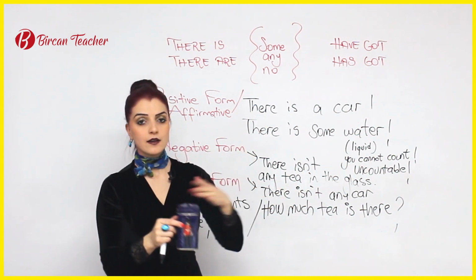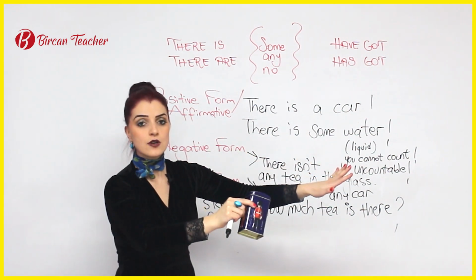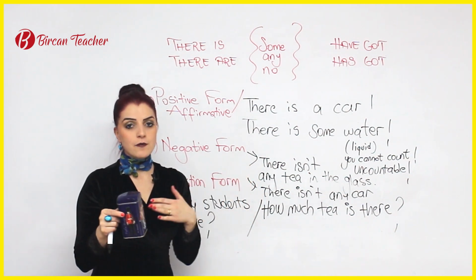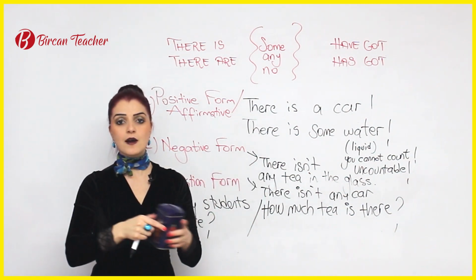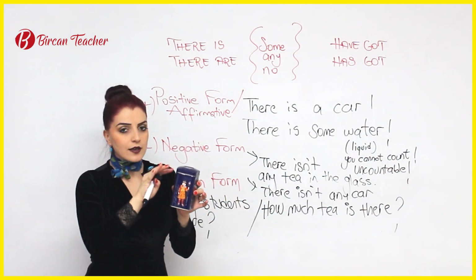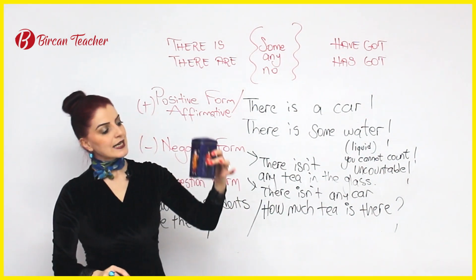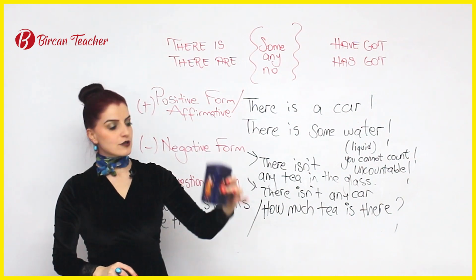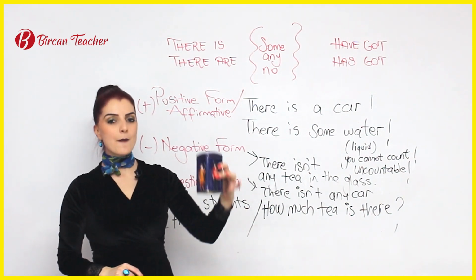It is not mine, it is not yours, it is not hers, so we don't know. Maybe my friends, maybe my brothers, maybe my sisters, I just don't know the belonging. I know it is there. So there is a box there.